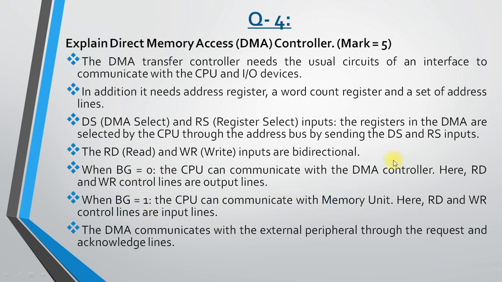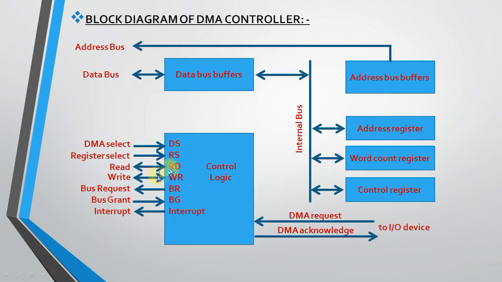Now see, if BG equals 0, that means the read and write control lines are output lines, because it is bidirectional. So sometimes it works as an input line and sometimes as an output line.